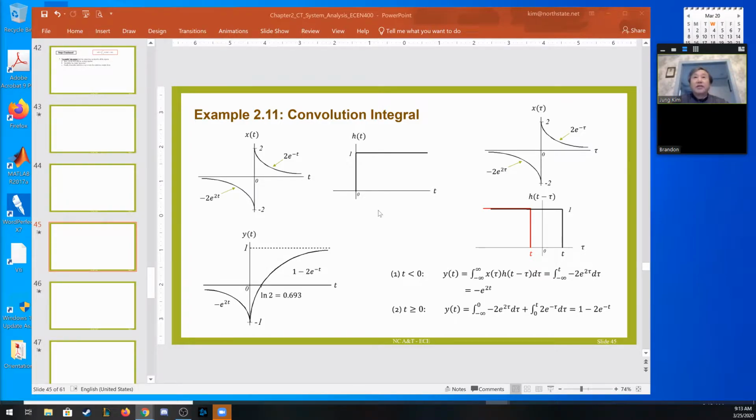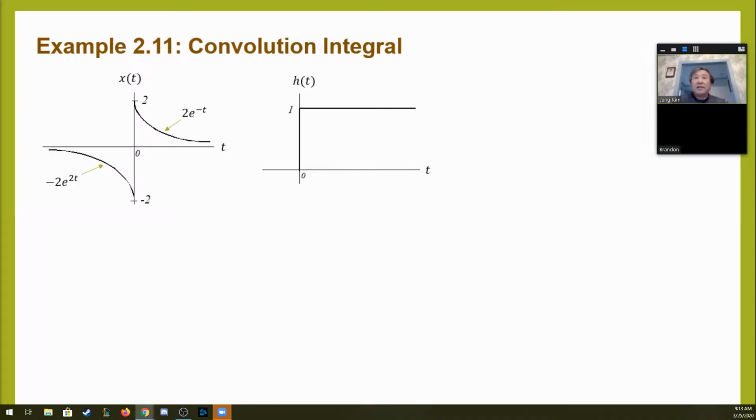Okay, so this is given, right? So the first step is x of t, change it to the tau domain. So every t changes to tau. So far it's okay.